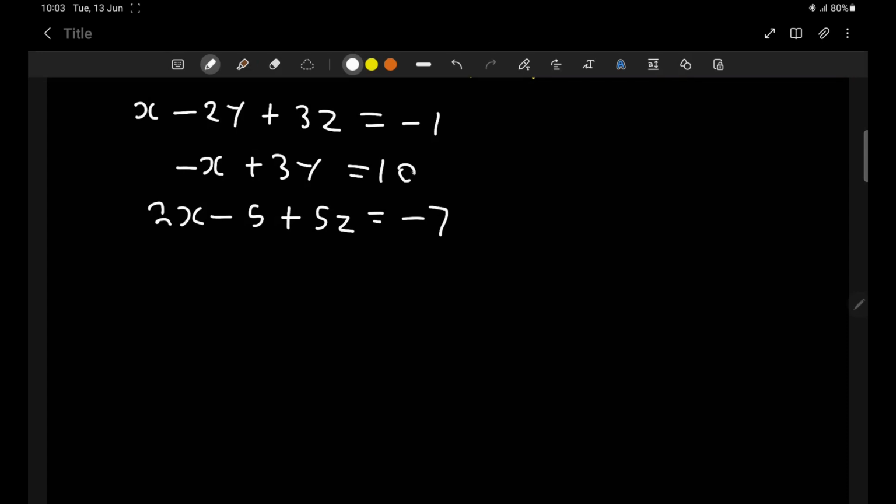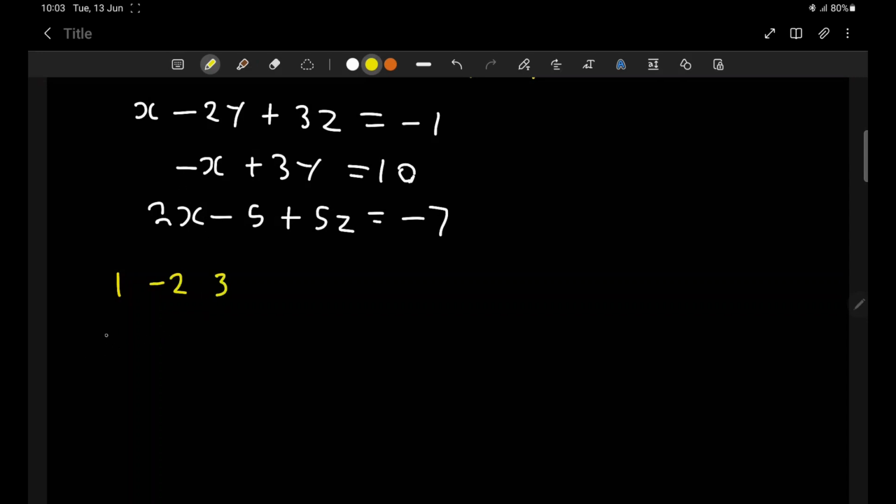So our next expression is the one I've written on the screen. So we need to take it into matrix form. We'll pick the coefficients. So we have 1, negative 2, 3.